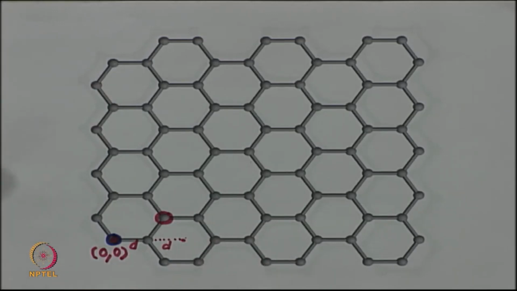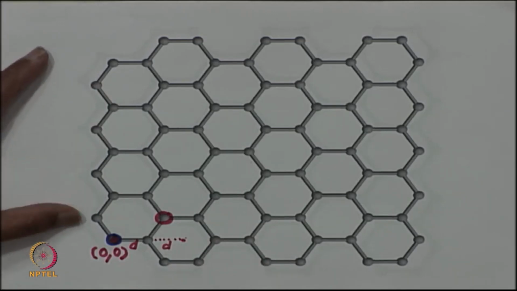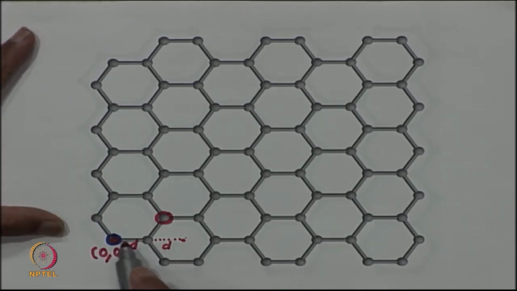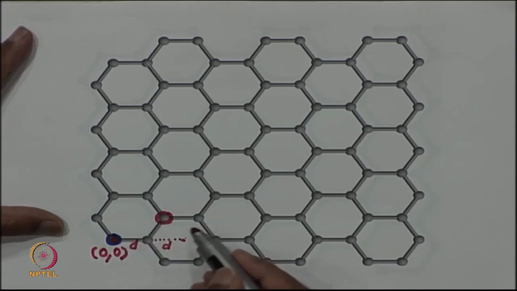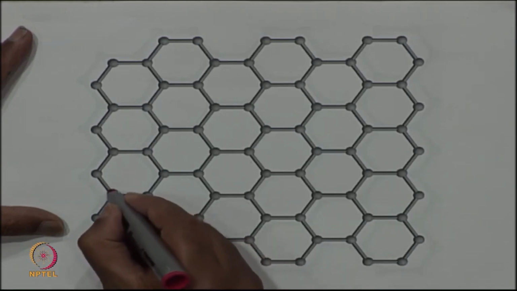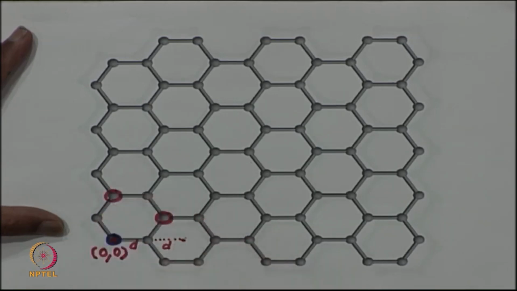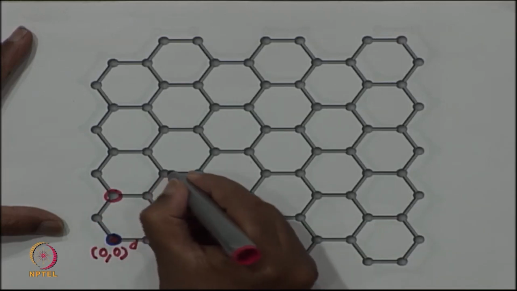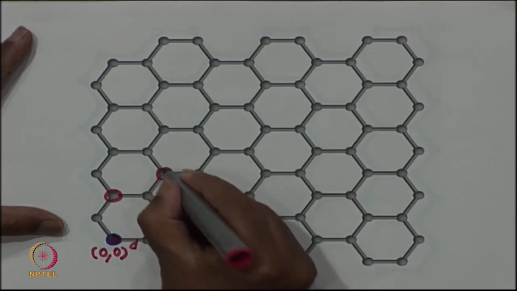This we had explained while discussing graphene also, so I am repeating this here. Alternate nearby atoms, near neighbors, are not equivalent in the lattice sense. It is the next near neighbors which are equivalent. So, I leave one set of atoms and try to mark all the crystallographically equivalent or lattice equivalent atoms on this sheet.